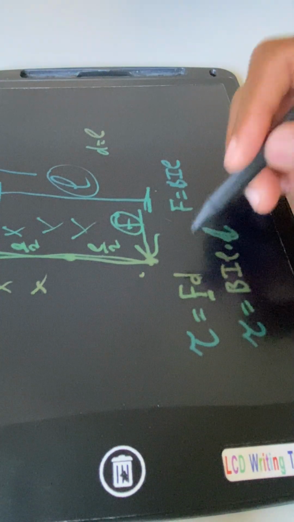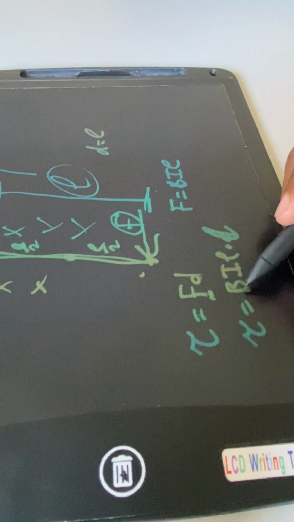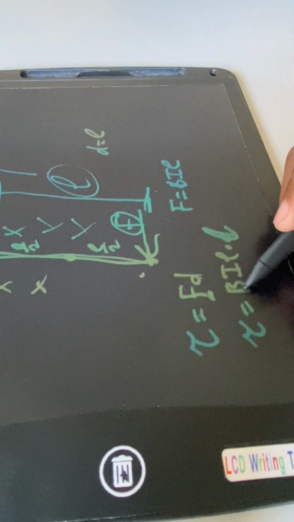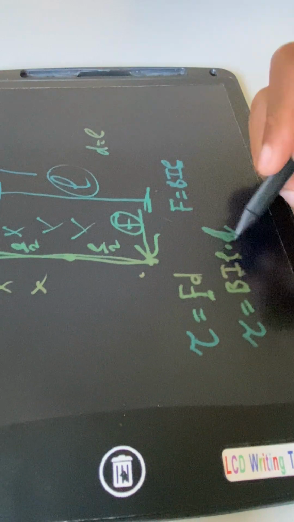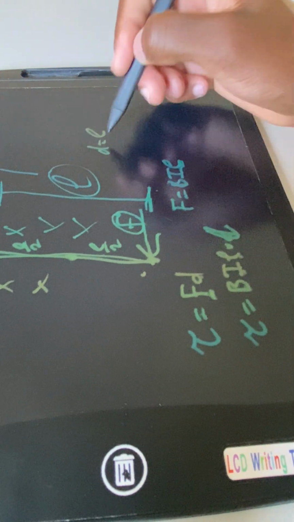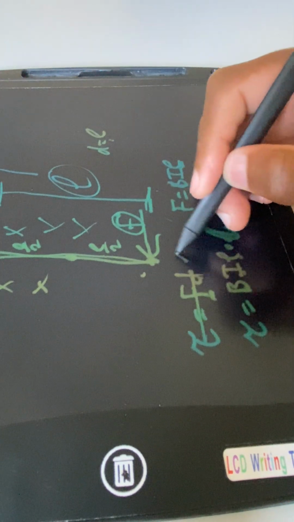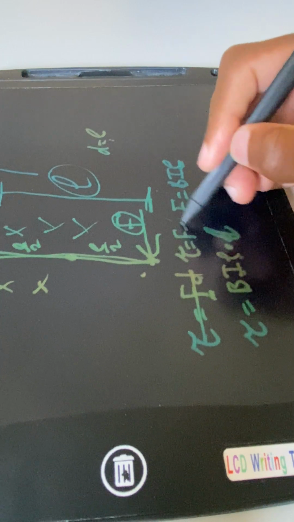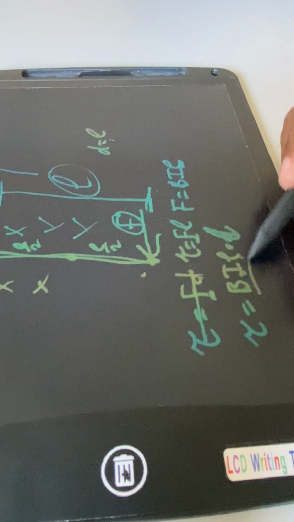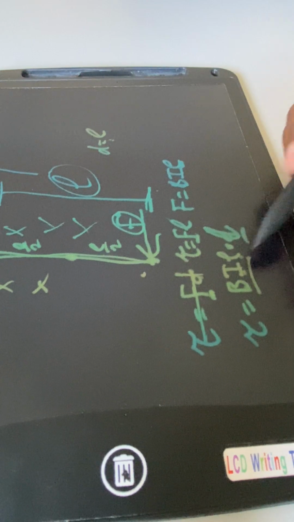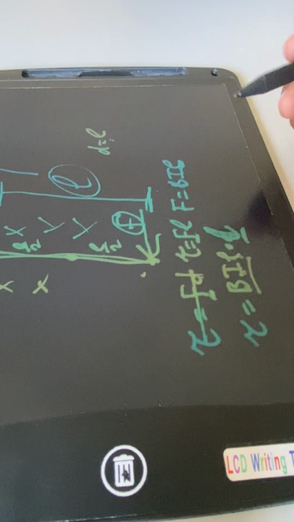So our F is going to be B, the magnetic field intensity, times current times L, times the L here. Let me just rewrite this as tau equals FL, which is the same thing as Ft. This is our F, this is our L, and L times L is L squared.